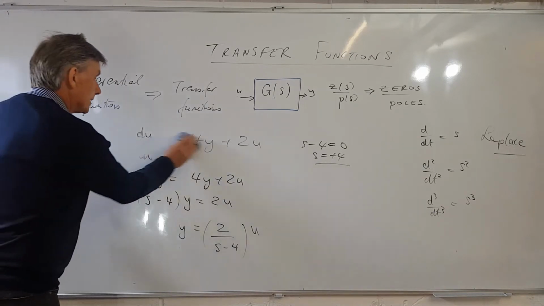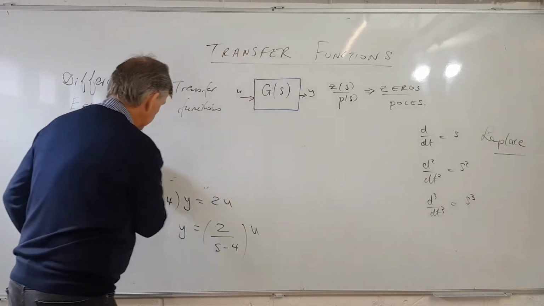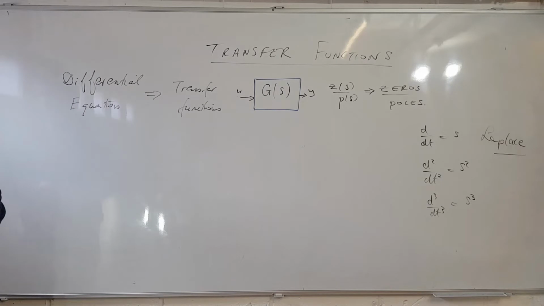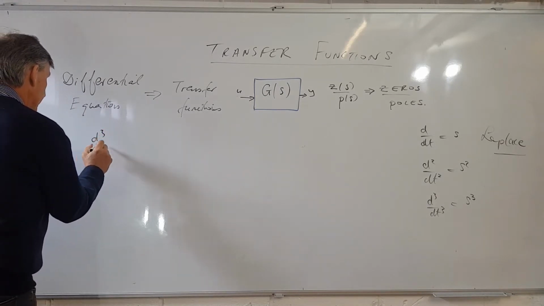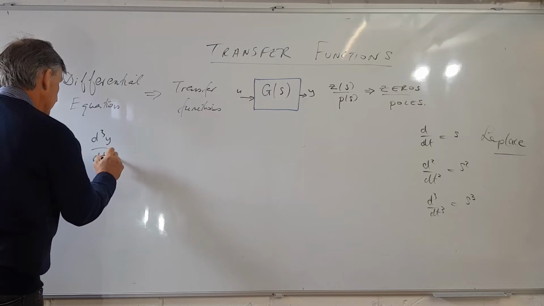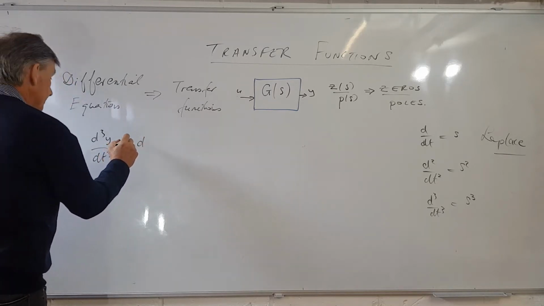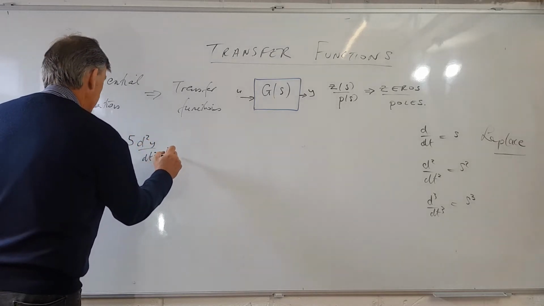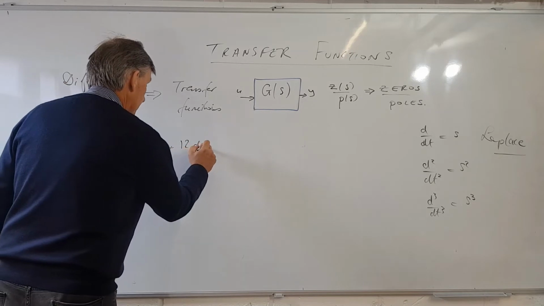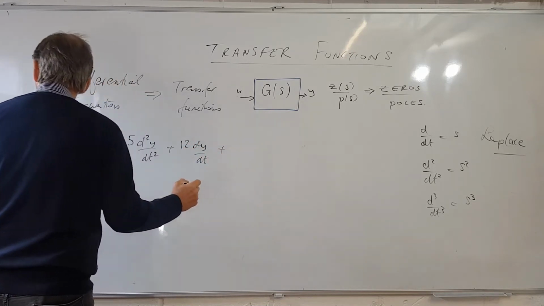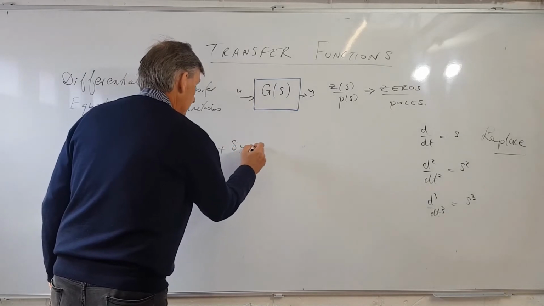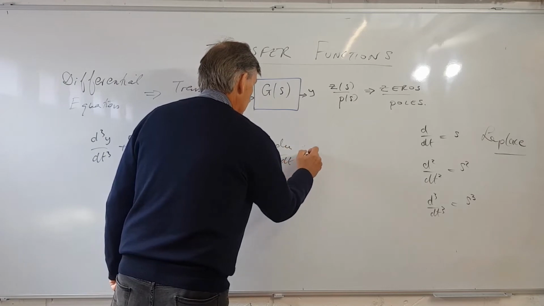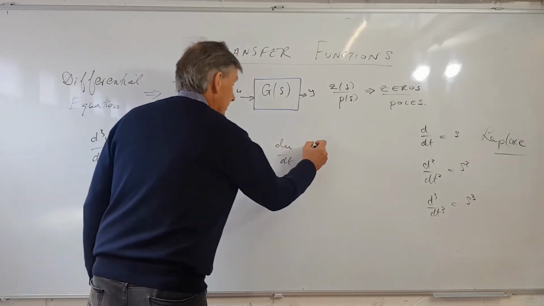So let's look at some other examples. Here's another one. This time it's d3y by dt cubed plus 5 d2y by dt squared plus 12 dy by dt plus 8y is given by du by dt plus 2u.